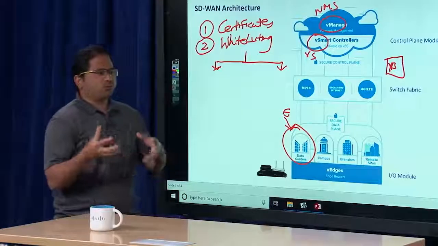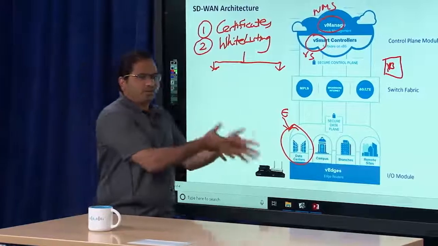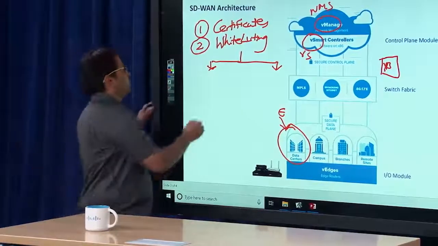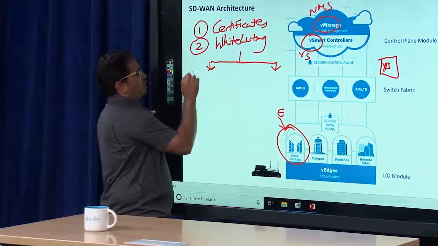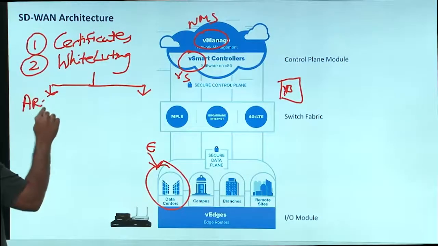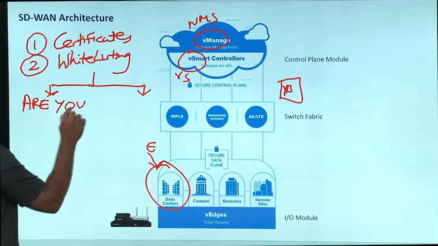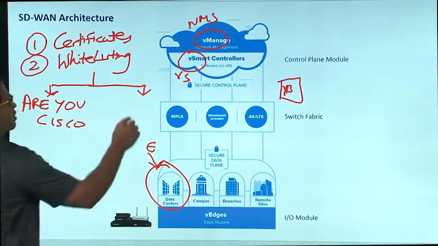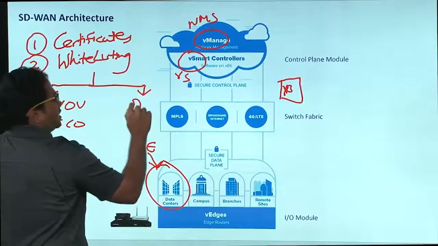It's not a rogue device that's trying to mimic a box that is manufactured by Cisco. So you want to authenticate, are you Cisco? Second, are you from my organization?